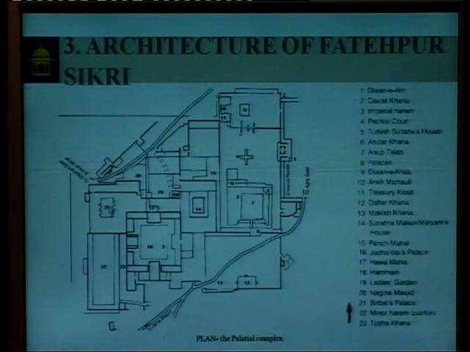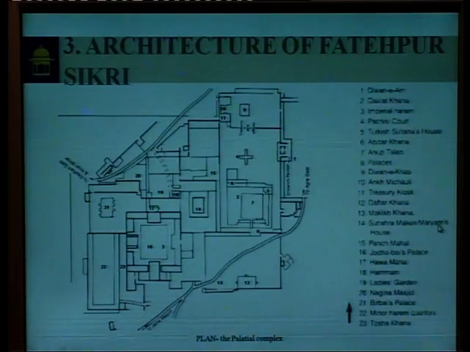This is Birbal's house, and then here we have the various harems where the different queens used to stay, and this also is a place for the harem. So it's very well planned in a way that you have the public spaces on the outside, and then as you move inwards, you have your private places.